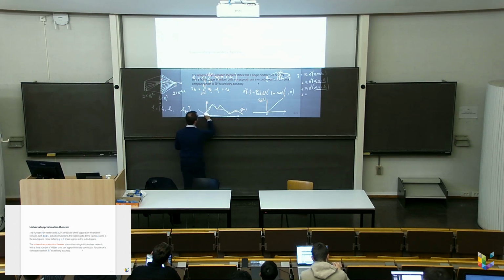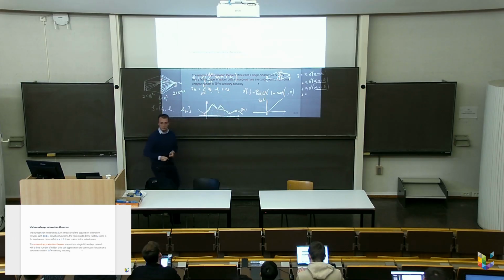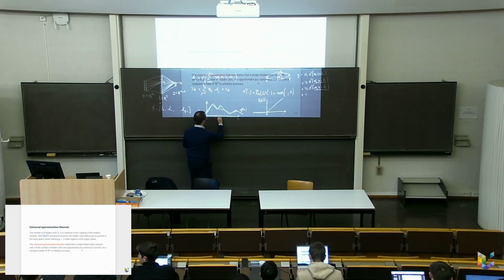Okay, and now we would have this approximation. Okay, which is already better. And if you want an even better approximation, well, you can keep increasing the number of hidden units. Let's say again by a factor of 2.